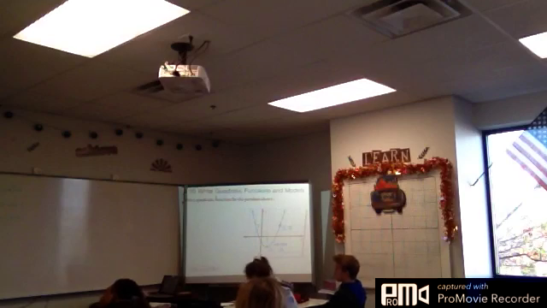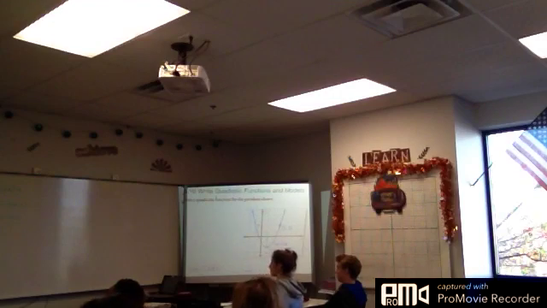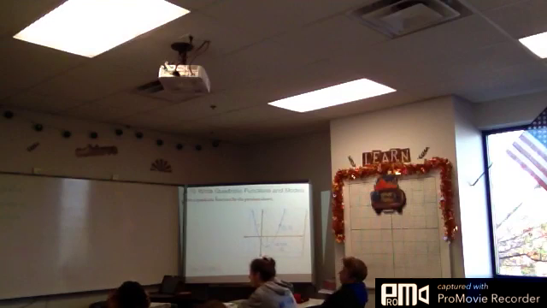Now, if I have a point, where do I plug that in? The x and y, because I have to figure out what a is to get my equation. The x is 3, the y is 2. So I get 2 equals a times (3 minus 1) squared minus 2.